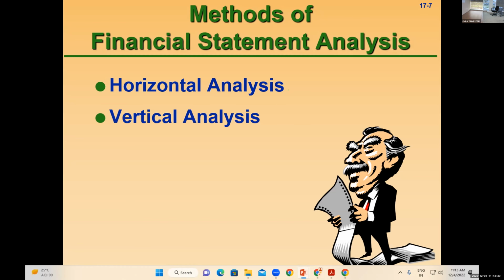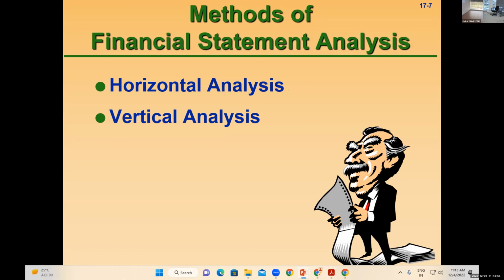Vertical means, for example, what was the previous year, what is the current year. Horizontal is the same level only.